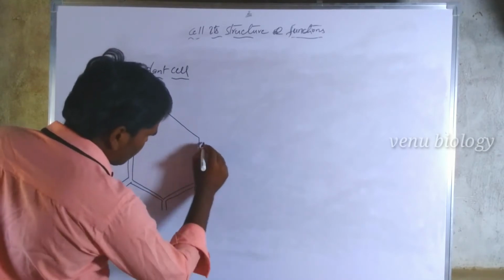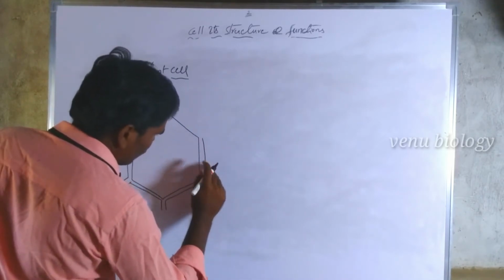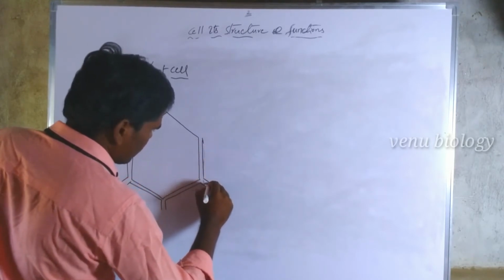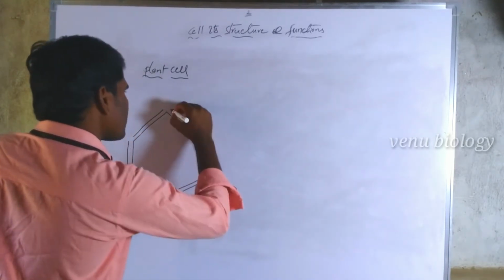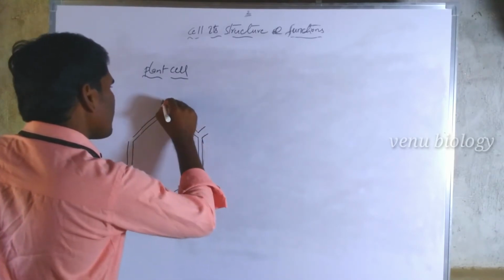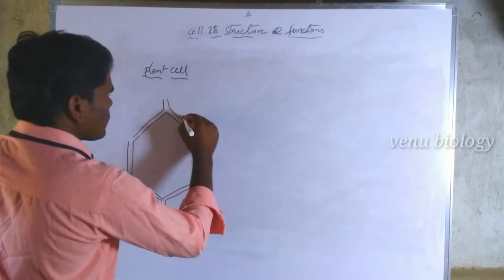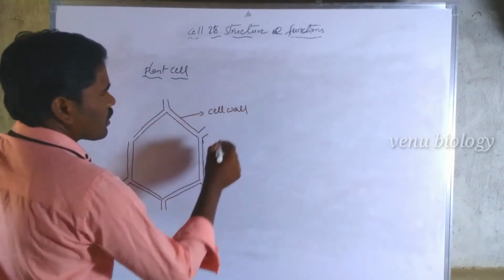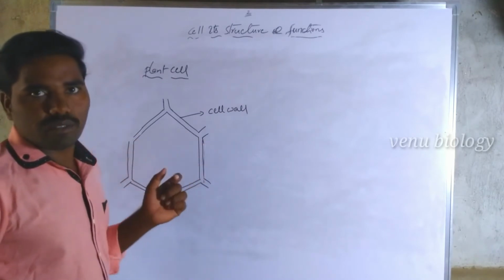Cell wall is present in plant cells only. Cell wall is absent in animal cells. This is the cell wall, the outer coat, thick layer, tough layer.